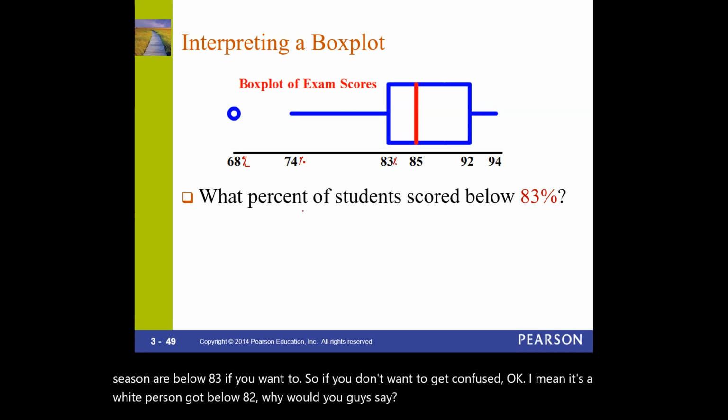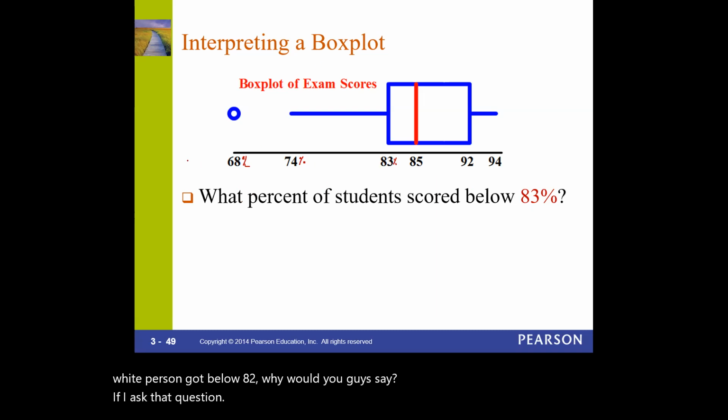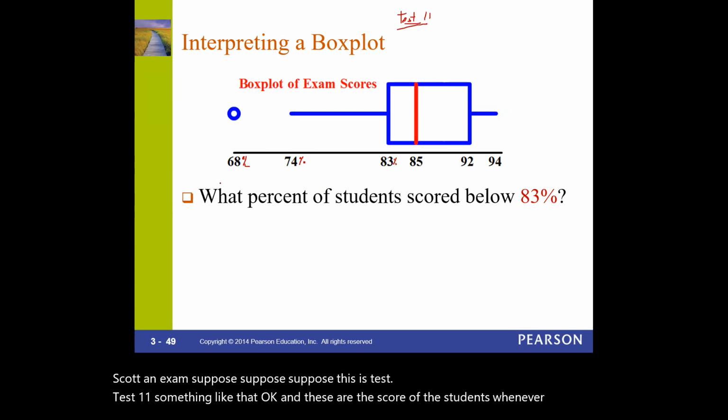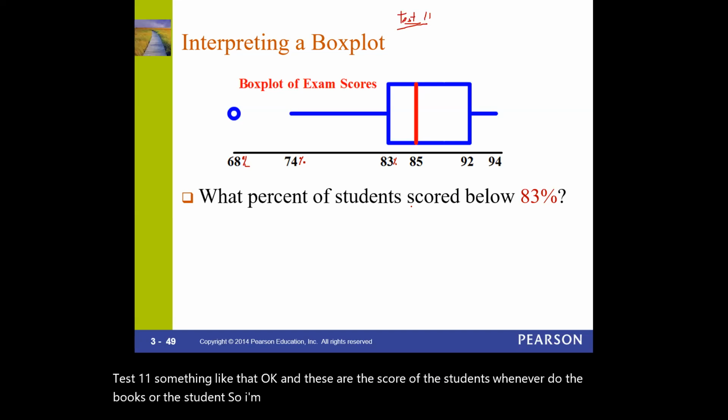If I answer that question, these are students' grades, okay? Scores in an exam. Suppose this is test 11, something like that, okay? And these are the scores of the students whenever I do the box plot of the students. So I'm asking you myself now, what percent of students got a score below 83? I can just say 83. I don't want to say percent.